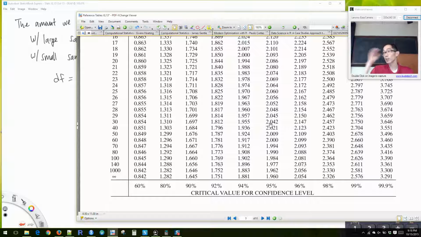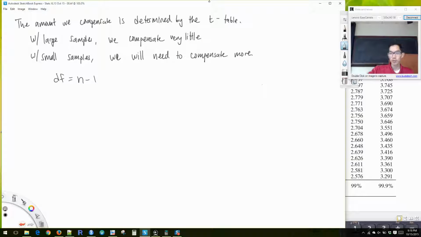Of course, if you have a computer, you can find these values for any degree of freedom, because it's all built into its system.